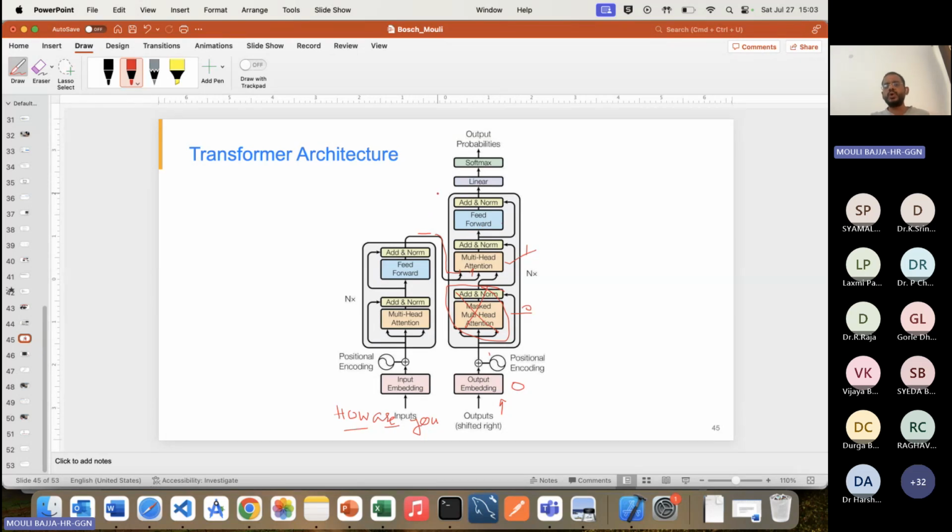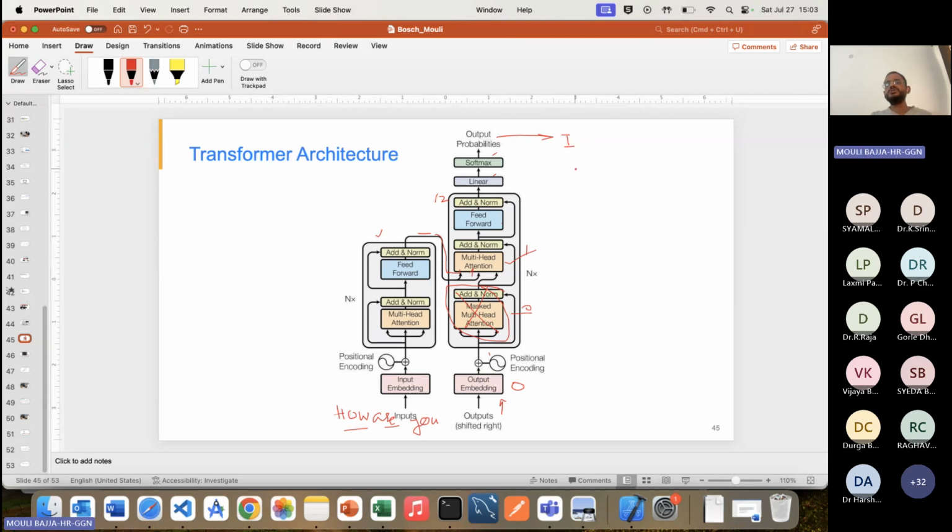And if you have, let's say, 12 blocks like this, it passes through 12 blocks. All our blocks are exactly like this. It passes through, gets linear and softmax applied. And what you get as an output is very, very likely I.